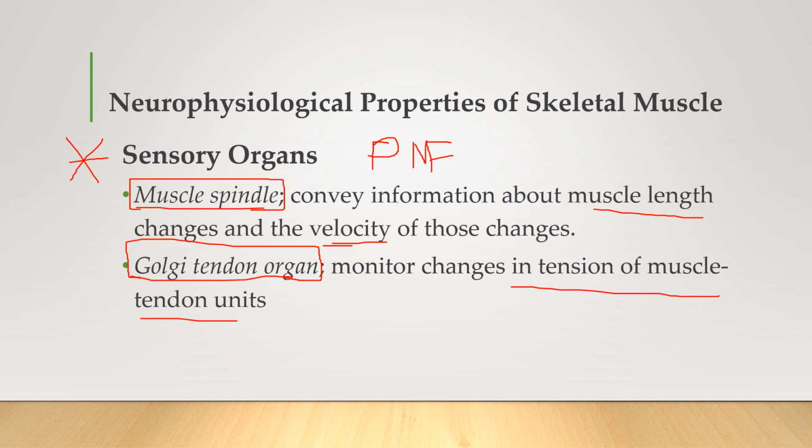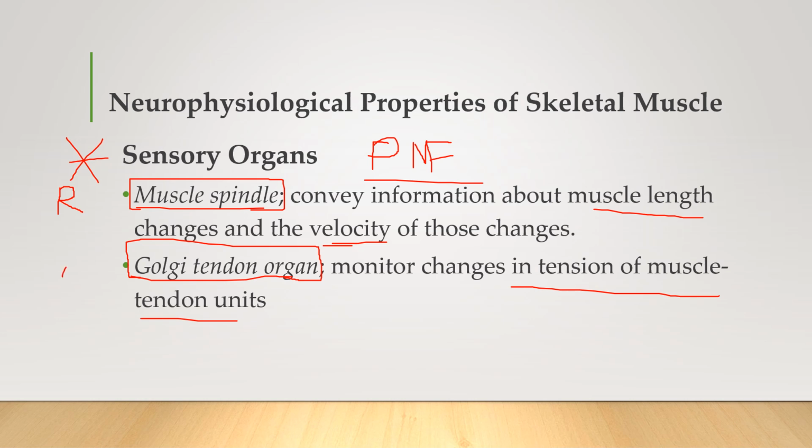So what I also want you to write on this slide, remember too that when we're talking about our PNF techniques, we're going to talk about something called autogenic inhibition and reciprocal inhibition. So I'm just going to write an R right here next to the muscle spindles because this is what we're going to try to use to create reciprocal inhibition.